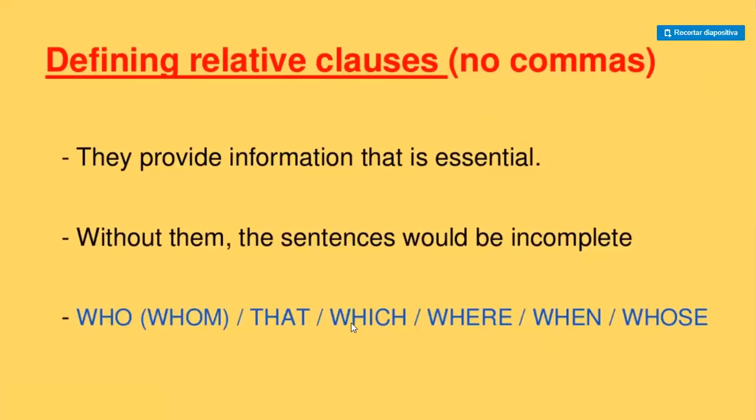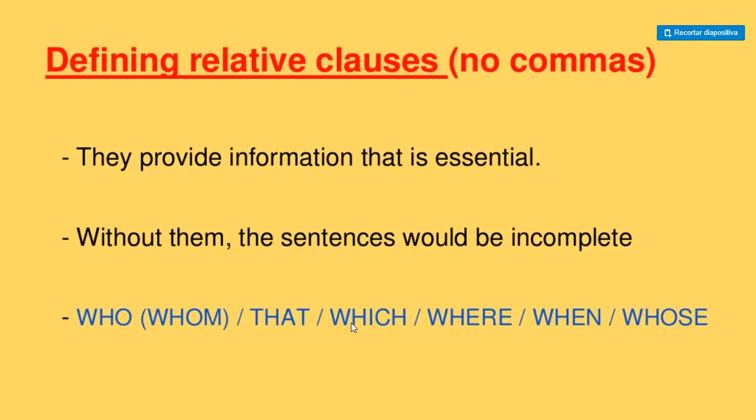Defining relative clauses are the ones that don't need a comma to be separated. They provide information that is essential to understand the sentence, and without them, the sentence would be somehow incomplete. The defining relative pronouns are who, whom, that, which, where, when, and whose.